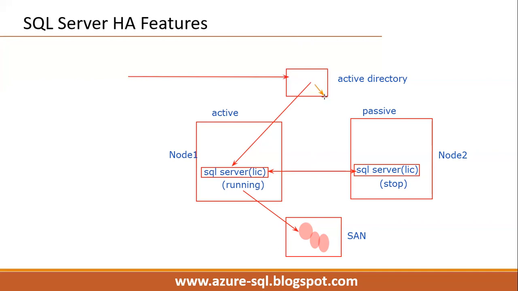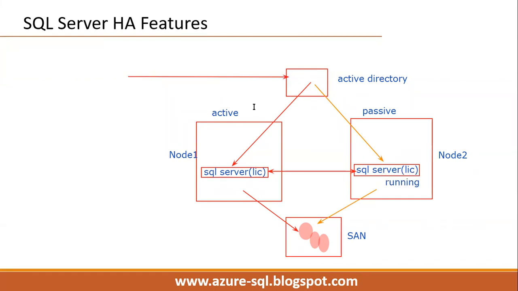Now the Active Directory will submit the request to the current active node, which is working with the same copy of the database. Here the server is down, but here the services start working now.